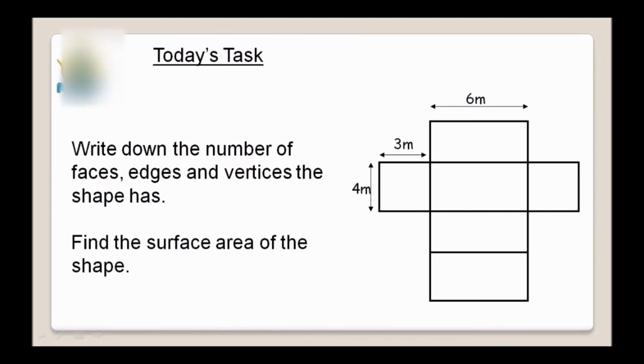Then find the surface area of the shape. It means that calculate area of this first part, second part, third part, fourth, fifth part, and sixth part. Then add to find total surface area.